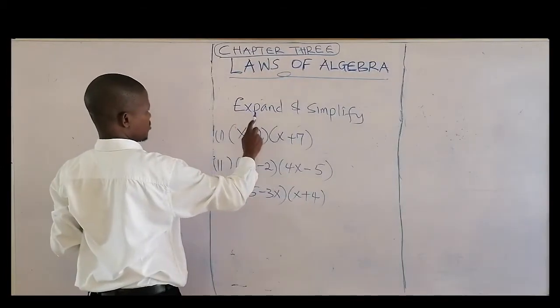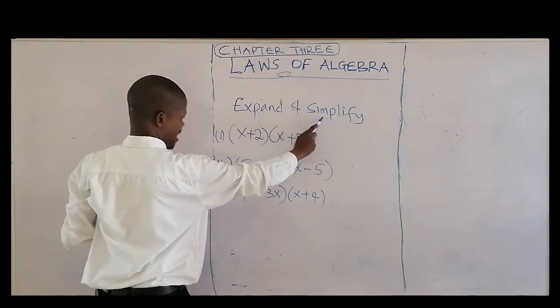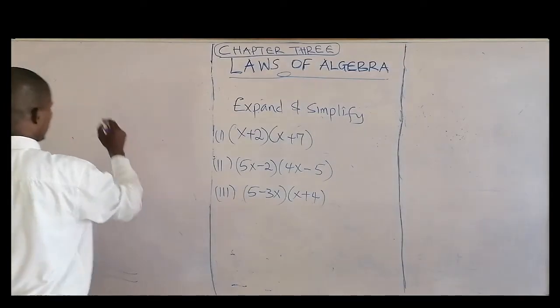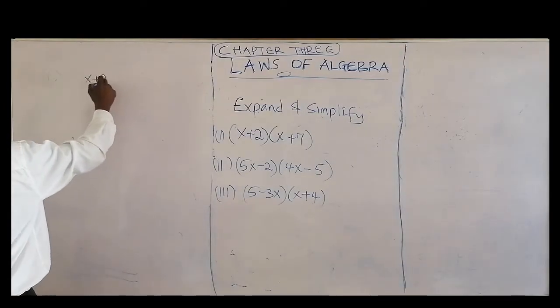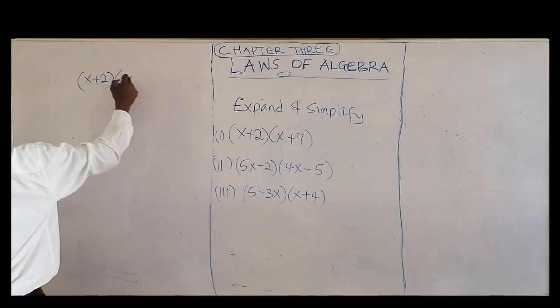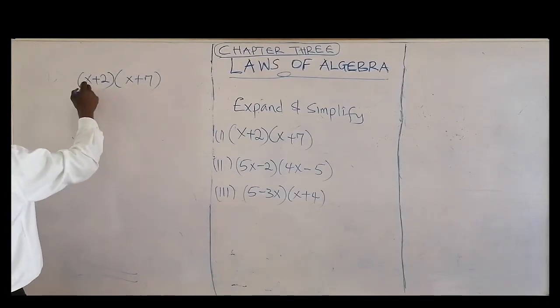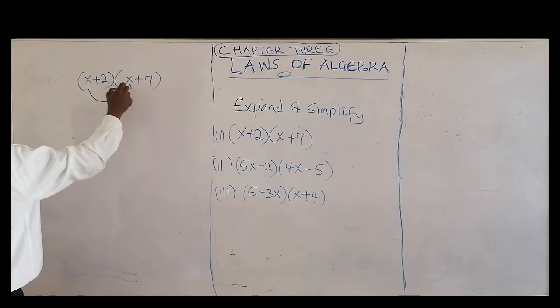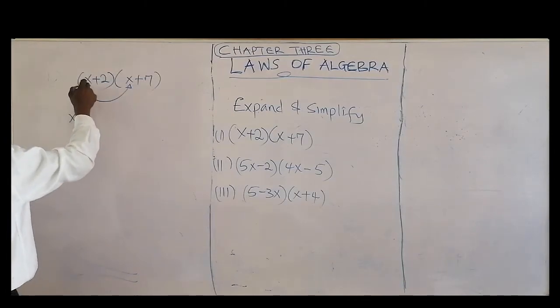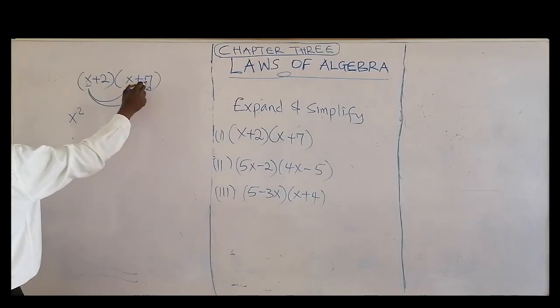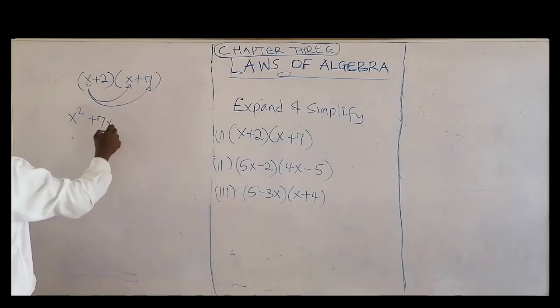Yeah, we have this question, expand and simplify. The first one, okay? We have this times this. So this will be this one times this one, that will be x squared. This same one again times the second item, that's plus 7x.